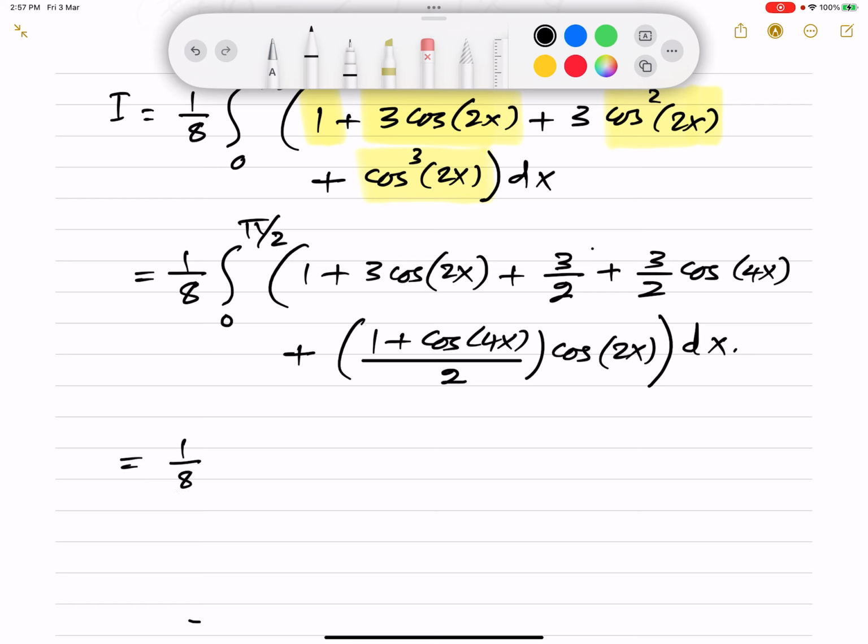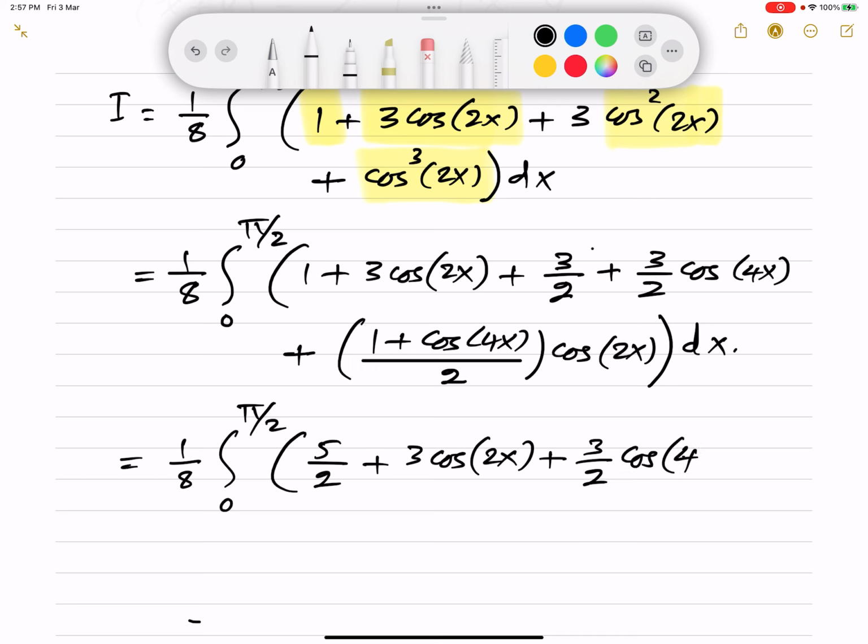1 by 8, the integral from 0 to pi by 2. Now 1 plus 3 by 2, which is 5 by 2. Okay, and then 3 cosine twice the angle plus 3 by 2 cosine 4 times the angle plus cosine twice the angle divided by 2 plus, now cosine is going to give us half, and we have half already, so that's going to give us 1/4.